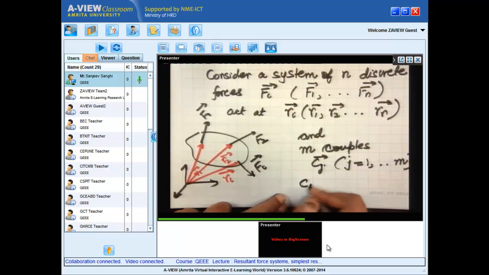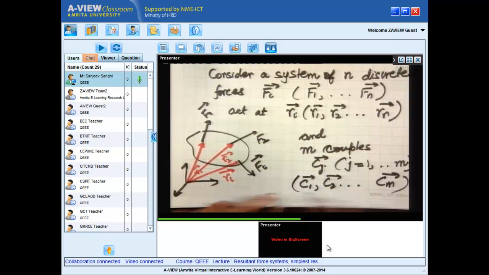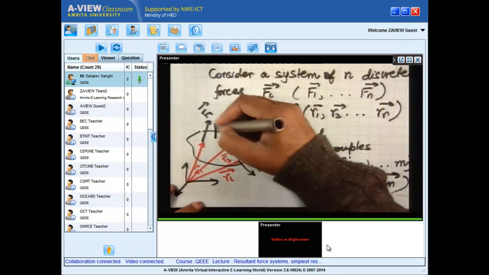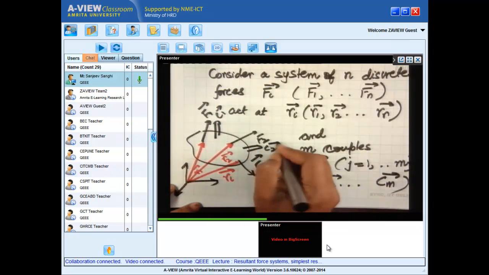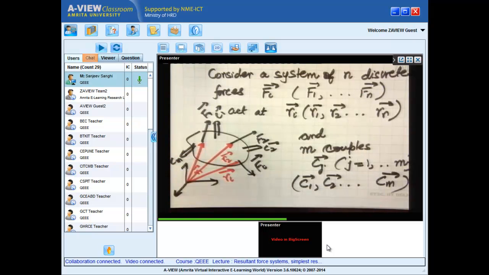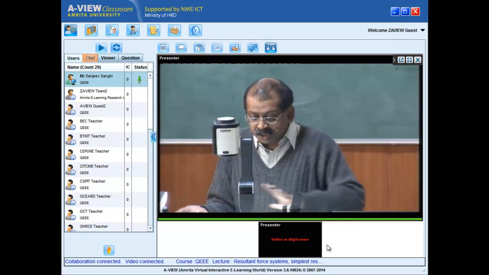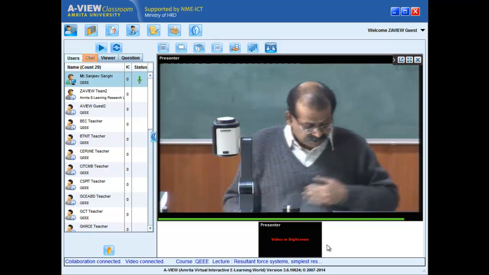That means we have couples C1, C2 up to C sub m. Now, in a lot of cases, the couples will not act. So these are C1, C2, Cm. So there are these couples which are acting on the system. So this is our original system consisting of n forces and m couples.